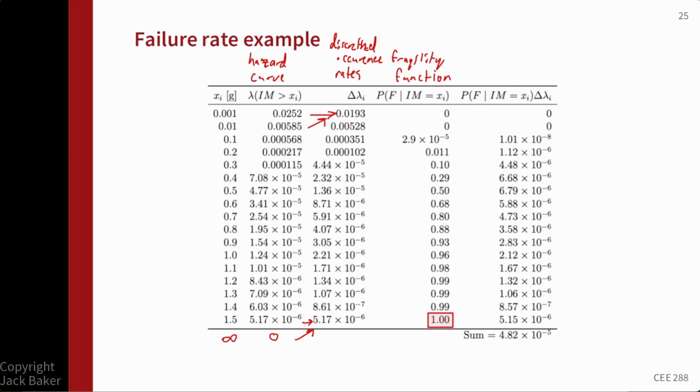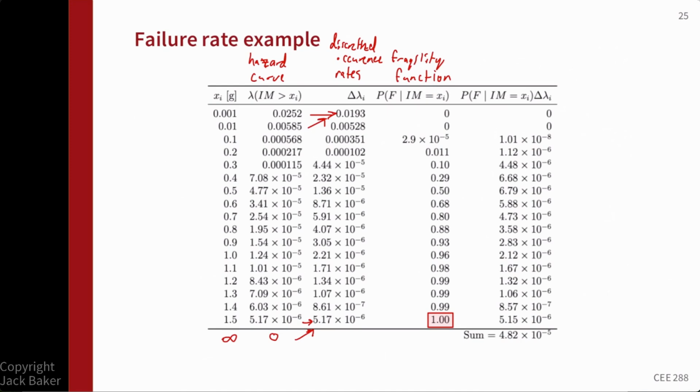What we'll do is I've got in the left column here a discretized set of xi. So we're going to start from very small xi's, and then once I get up a little bigger, I'll just discretize in units of 0.1. We've got our hazard curve, and we can get this numerically from whatever source we're interested in or from prior hazard calculations. And we've got our fragility function, and we can do that by evaluating that log normal CDF, using the xi's in the first column, and using the theta and beta that were given for the problem statement.